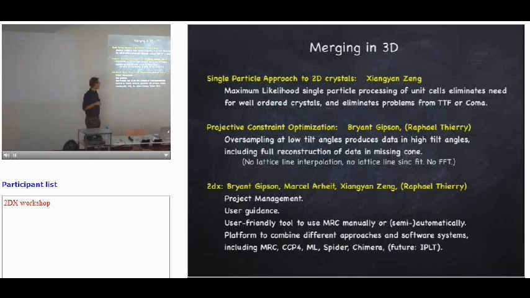We use Spider at one point and call Chimera, and we are discussing at the moment how to merge this with IPLT. We don't know yet under which platform and under which umbrella, but somehow what is available in the different packages for electron crystallography should be brought into one user-friendly, high throughput and mathematically performing package, including what has been developed in IPLT, so that we collect all the goodies and put it in one thing.